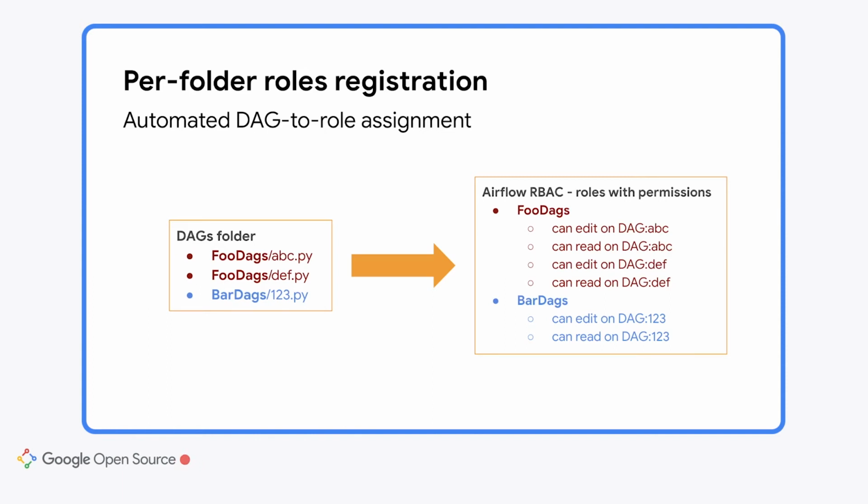Then we can use the subfolder names as role names, create the roles in Airflow RBAC, and populate them with edit and read permissions to the DAGs which files are located in this subfolder, all automatically. This is pretty clean, and it automates the DAG to role assignment.